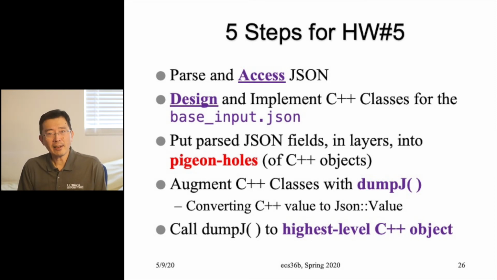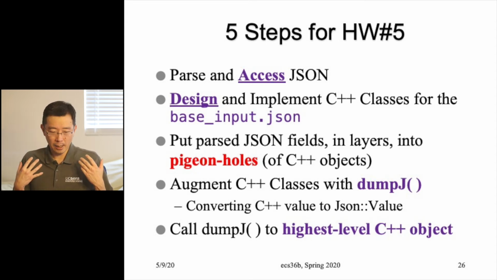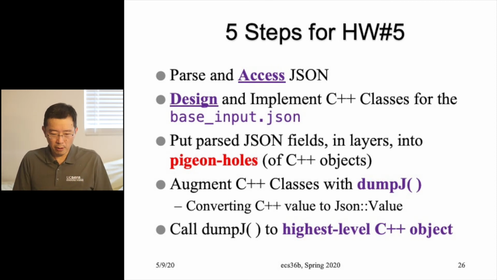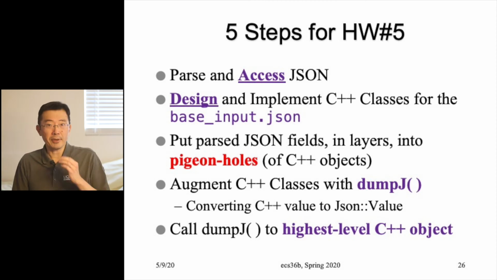Okay, this 5-step plan provides you guidance about how you should approach your homework assignment number 5. And I do want to say that when you approach this, you should think about these steps. If you really know what you're doing, you don't have to follow the steps, you can do everything yourself.